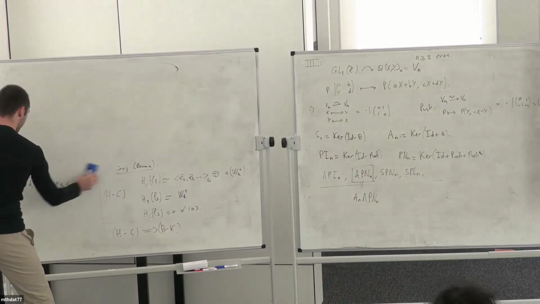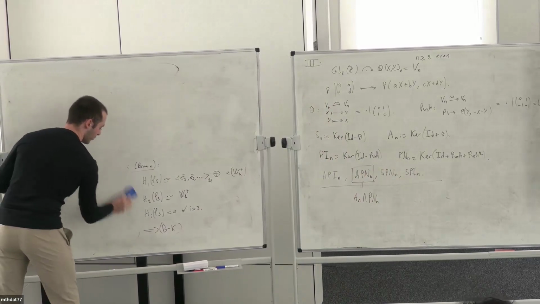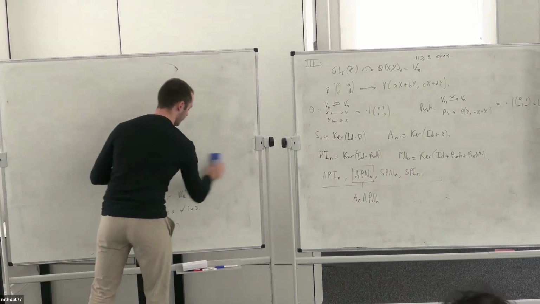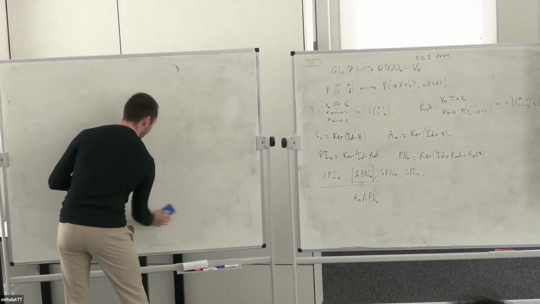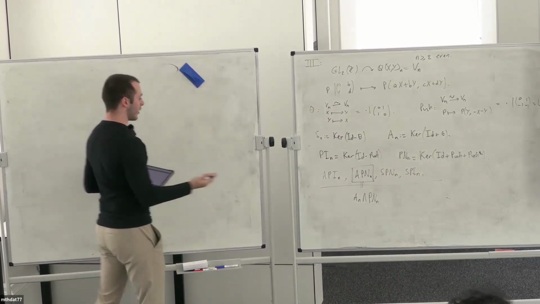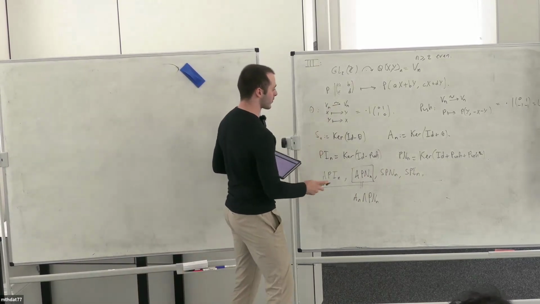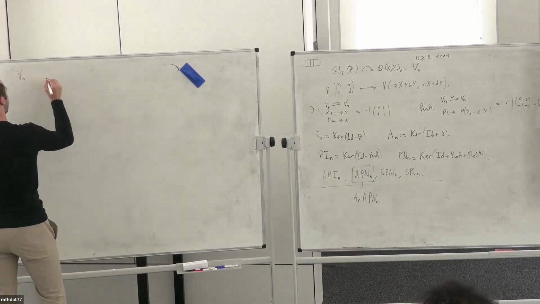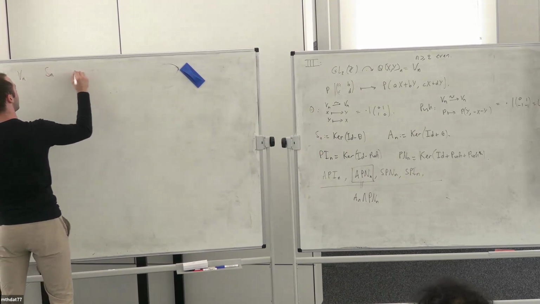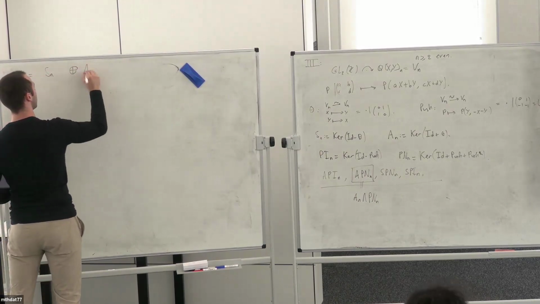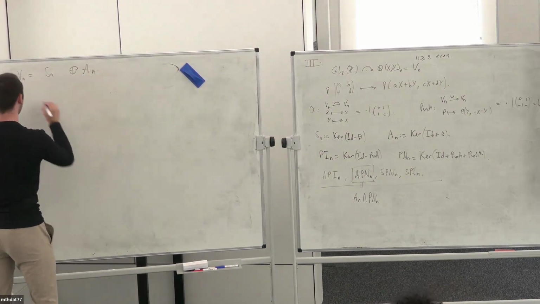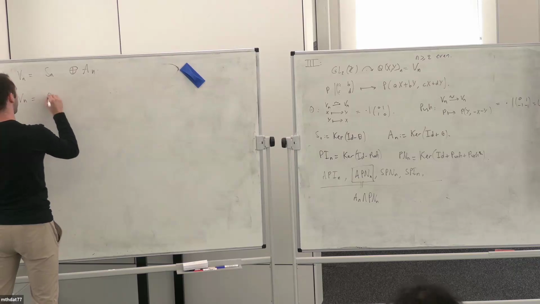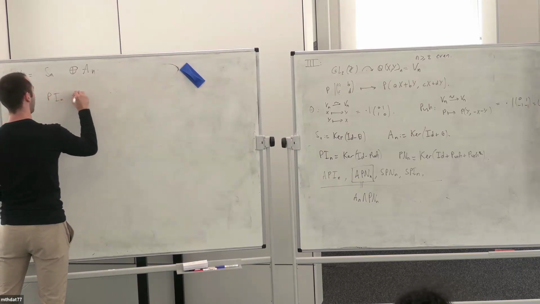So unfortunately, the operator push and the operator theta do not commute. So here we can see, of course, that the space Vn is the direct sum of Sn and An, and it's also the direct sum of Pi and Pn.